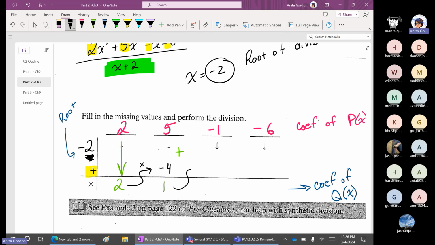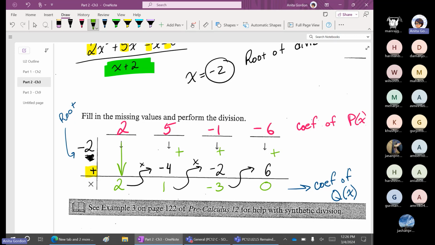Again, multiply by the root. Negative 1 plus negative 2 gives me negative 3. Multiply by the root, and then positive 6. Add these together, 0.